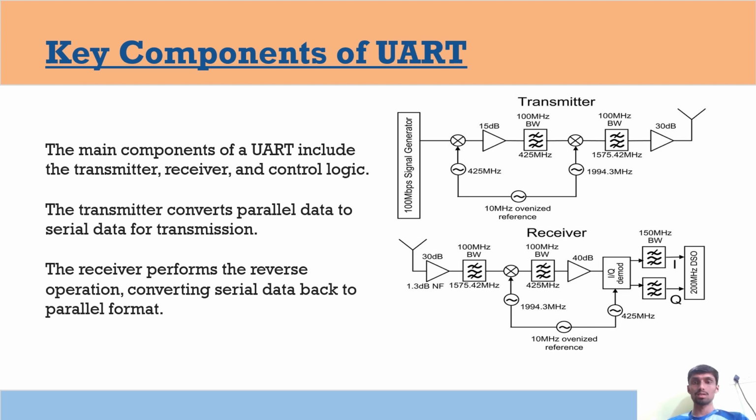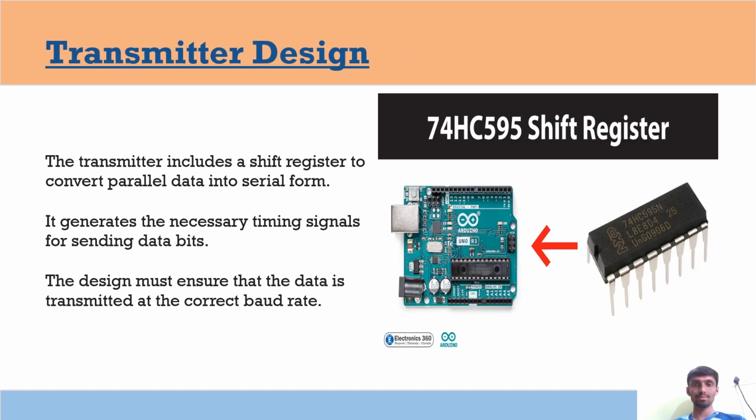And this is a small circuit diagram for the transmitter and the receiver, consisting of some circuit designs. Coming to the transmitter design, it includes shift registers to convert the parallel data into serial form. It generates the necessary timing signals for sending the data bits.